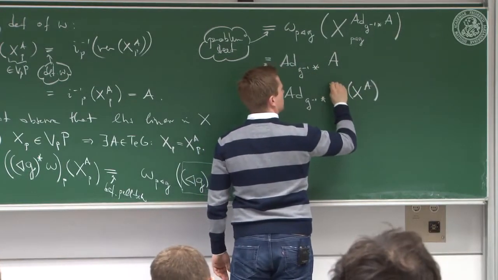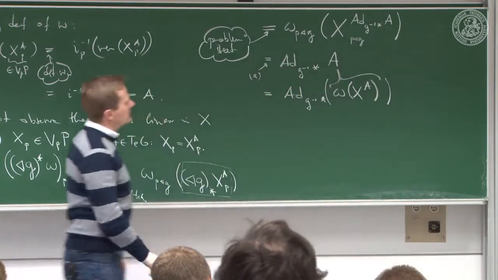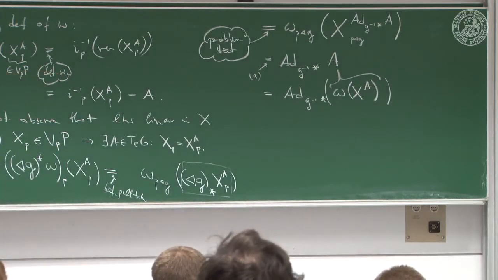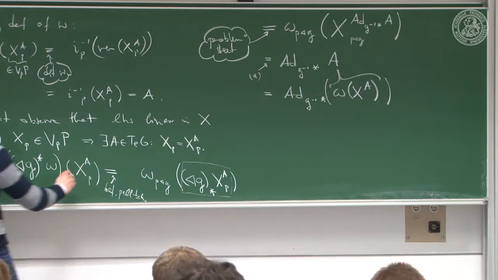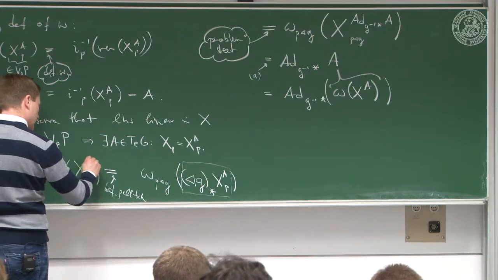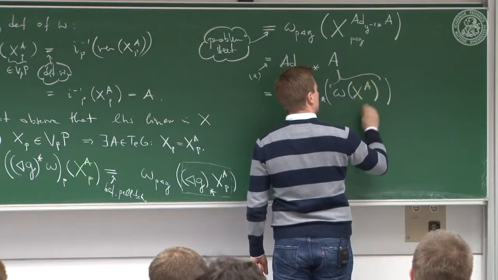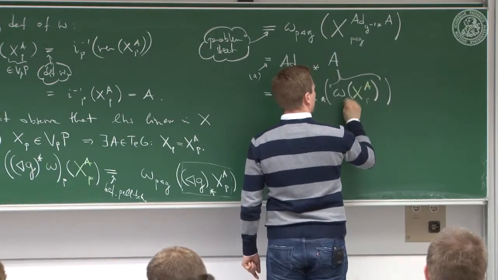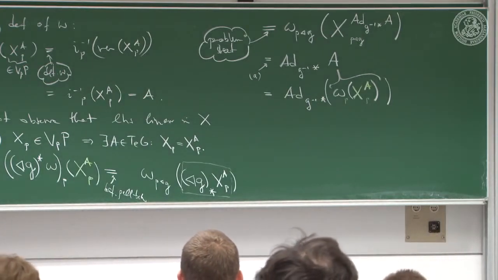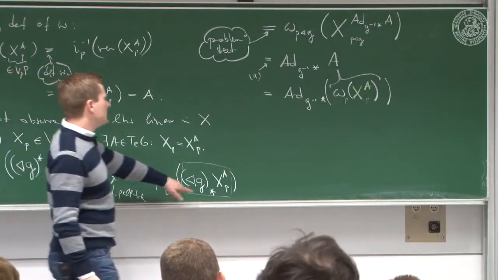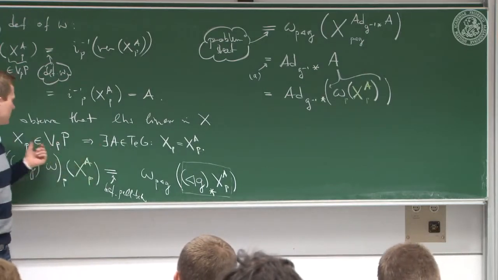Well, we just rewrite the A as the omega of XA, which of course we can, because that's just the same thing backwards. Aha, but if we now compare what we did, we plugged in here an arbitrary vertical vector field, and it now appears here again. Well, that's at the point P here. Then we showed exactly what we wanted to show for the special case of the x being vertical.